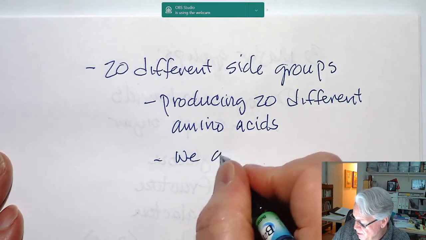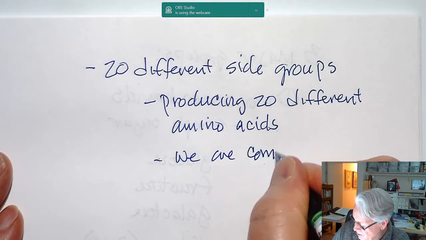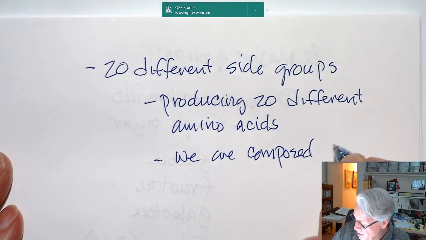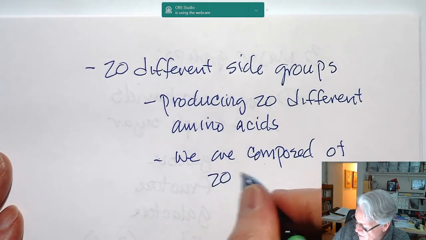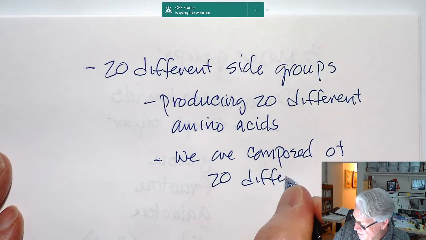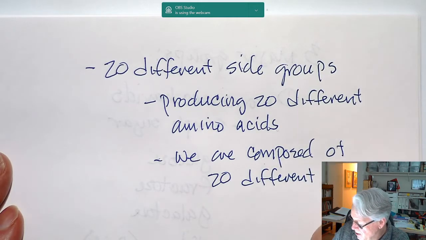We are composed, or I should say our proteins are composed of 20 different amino acids.